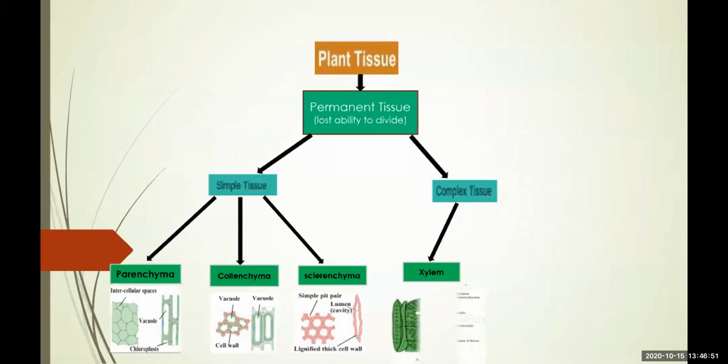First is xylem. This is how xylem looks. The major cell types of the xylem are xylem parenchyma, which are the living cells. Then next is xylem vessels, which are the main conducting cells of xylem.